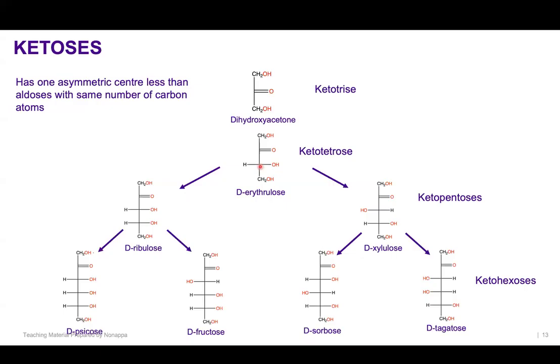Some of the important carbohydrates here are sorbose and fructose, which is, of course, known as fruit sugar. So one point we have to remember is that ketoses have one asymmetric center less than aldoses with the same number of carbon atoms. That is because our initial triose has no chiral center, while in aldoses it has a chiral center.